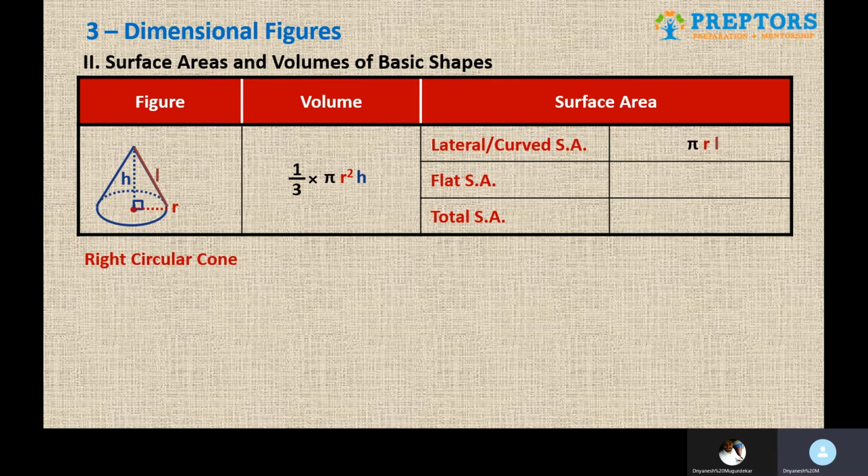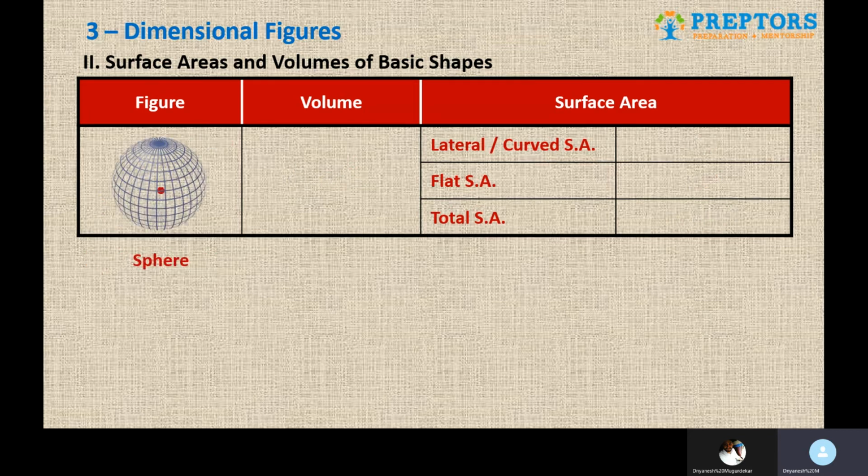Flat surface area, one flat surface which is a circle, which is pi r square, and total surface area is the sum of both, which is pi r into r plus L. Then you can also use the Pythagoras theorem here and have this relation h square plus r square is equal to L square.